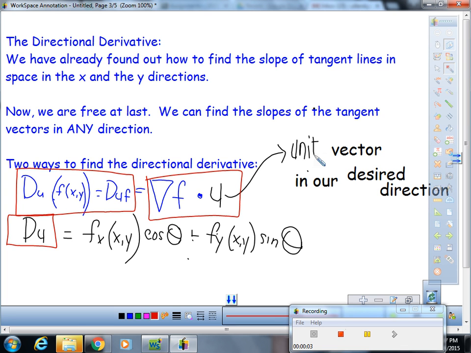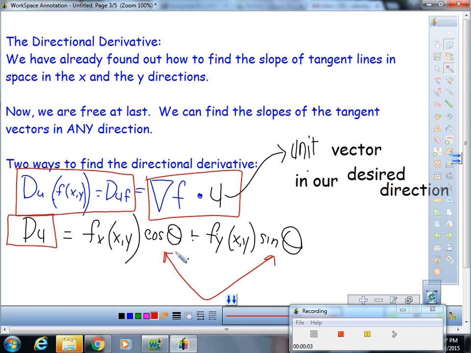Now, hopefully you remember that unit vectors have a magnitude of 1, so that another way you can find them, because sine squared plus cosine squared equals 1, hopefully you remember that this is another way of representing a unit vector.